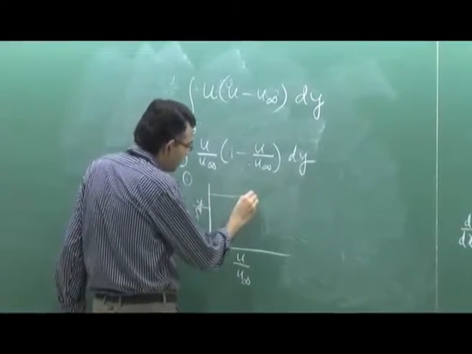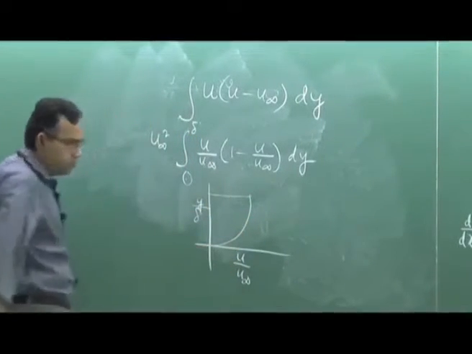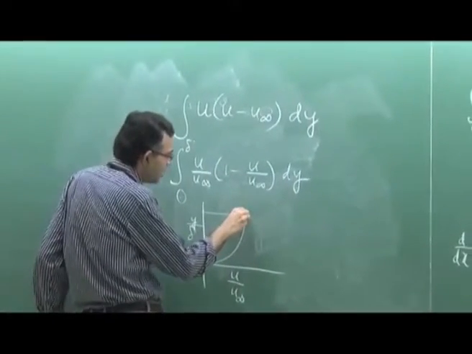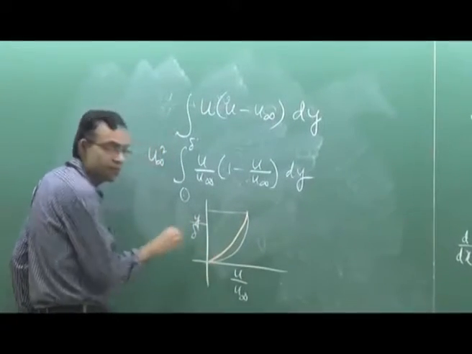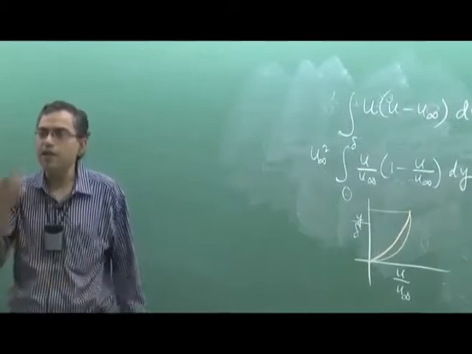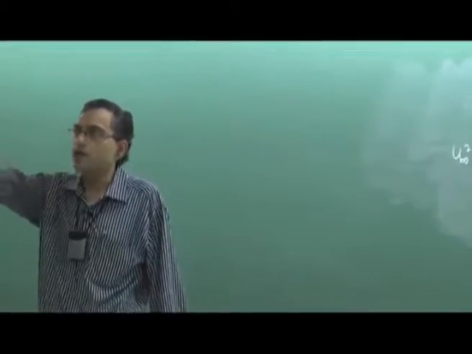What kind of function? Say something like this. Let us say you do not know this. So instead of this, you make an approximation, say some approximation, it may be linear, it may even be sinusoidal, it may be quadratic, it may be cubic, some kind of function you approximate.